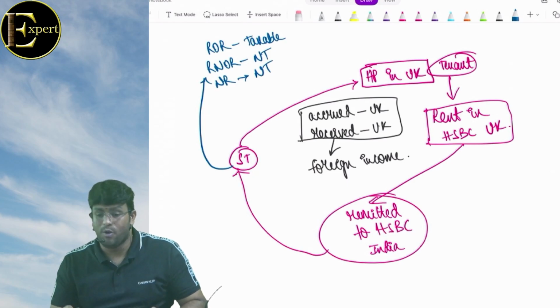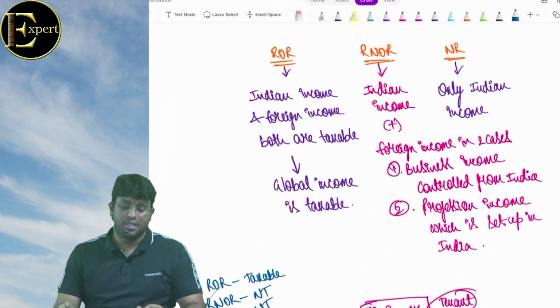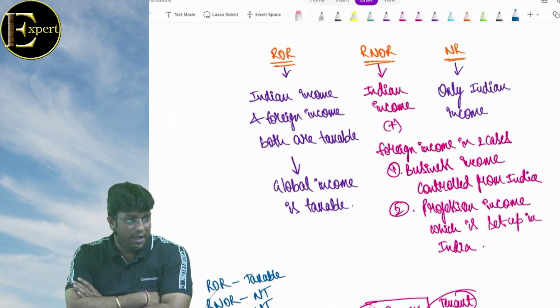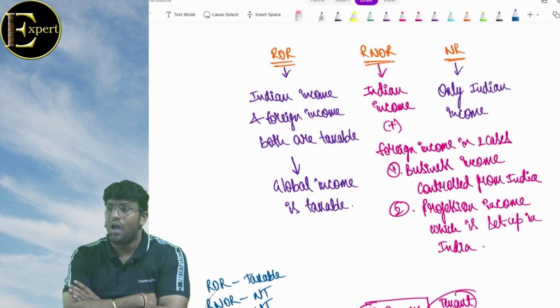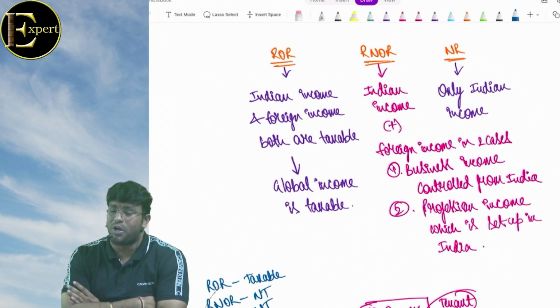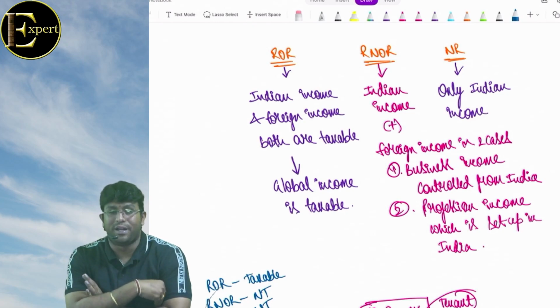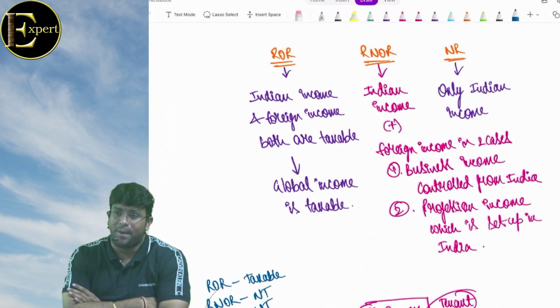Sir, what are the two types of income? Indian income and foreign income. Indian income means what? Income accrued or received or deemed to be received or deemed to accrue in India. What is foreign income? Accrued and received outside India. If income is Indian income, what will happen? Taxable for all.